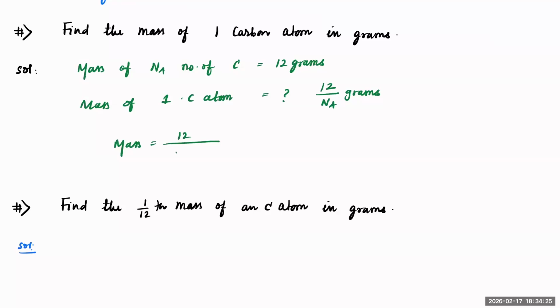Na value is 6.023 into 10 raised to power of 23, correct? And you also know that 1 by 6.023 into 10 raised to power of 23 is nothing but 1.66 into 10 raised to power of minus 24 grams. So that will be approximately 1.996 into 10 raised to power of minus 23 grams after multiplication. So that will be the mass of one carbon atom.